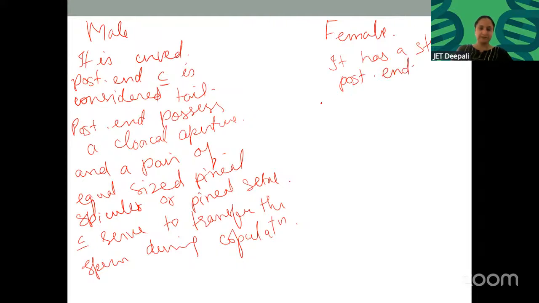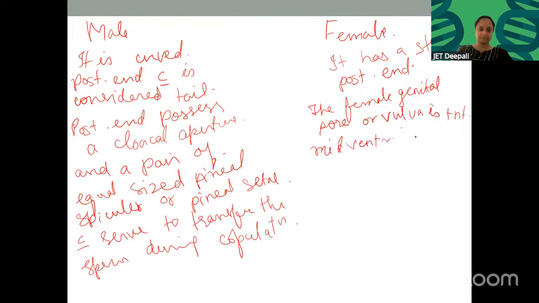The female genital pore or vulva is present mid-ventrally at about one third of the length from the mouth.